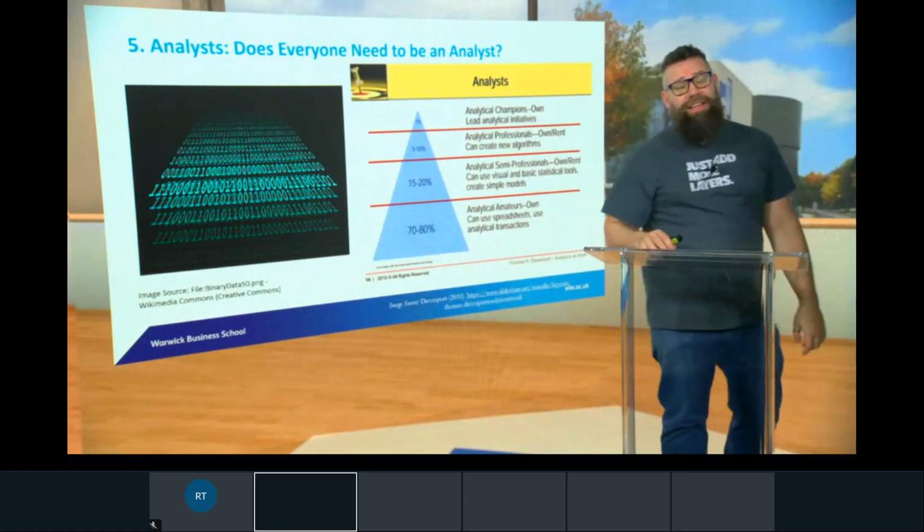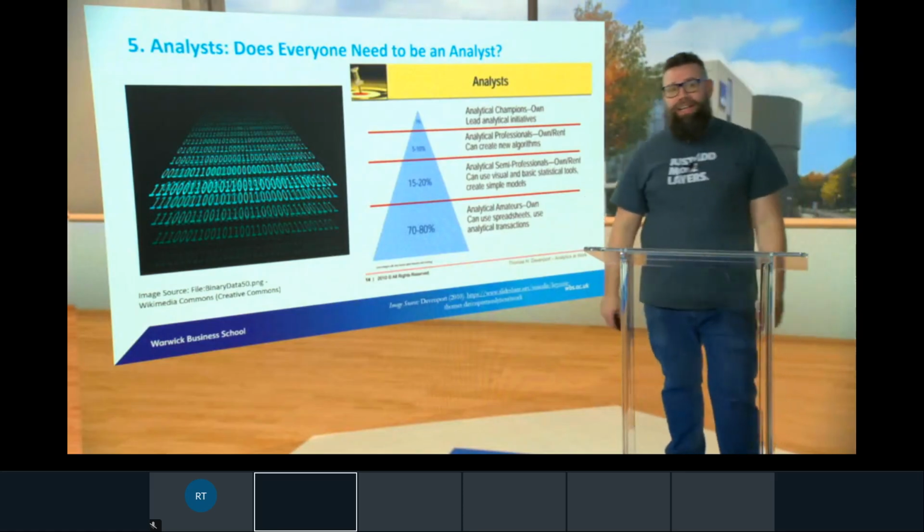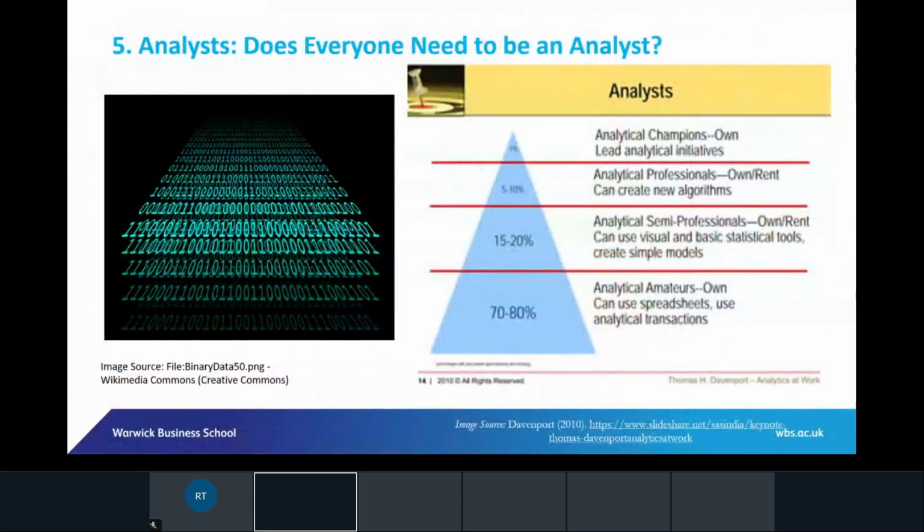which isn't to say everyone needs to get a PhD in data analytics or do a course like you were going on. Davenport argues for four tiers: at the very top we have senior management, leadership as analytics champions. Then we have a smaller category, 5 to 10% of the workforce, that are analytics professionals.